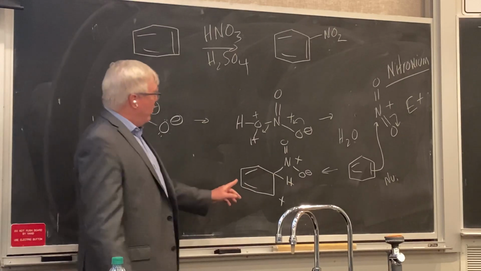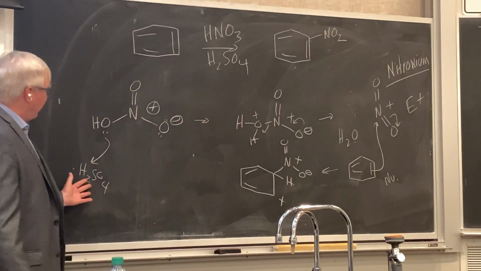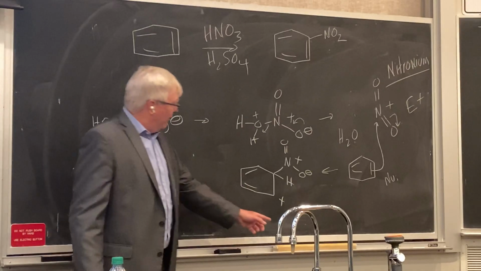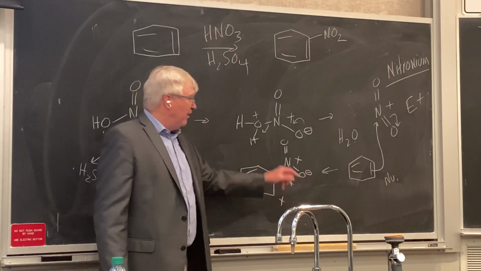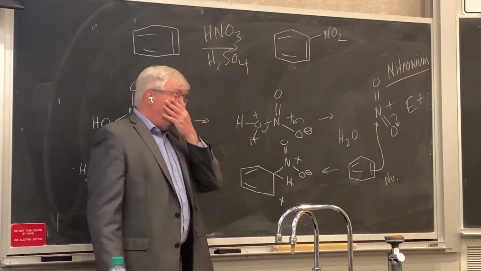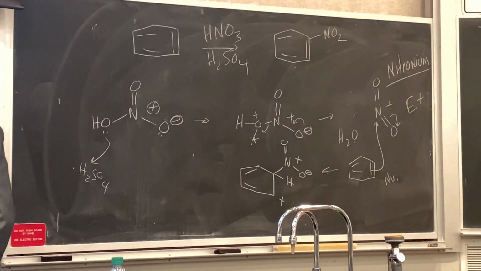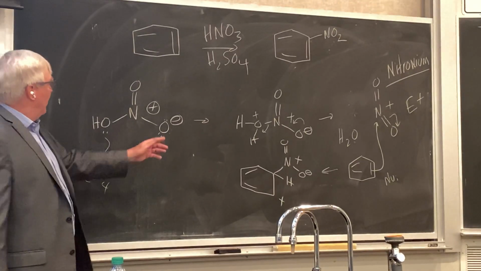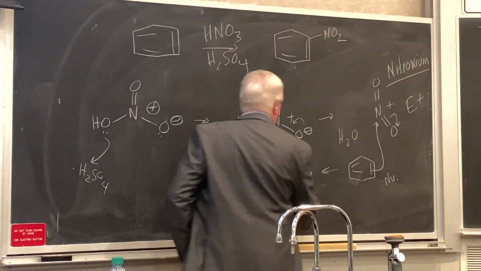Okay, so what we could do here, we've got water, we've got nitrate, we've got sulfate. We could have those nucleophiles attack here, right? Analogous to 351. Well, what are we going to do different now? We're going to take this proton off. What base are we going to use to take that proton off? Well, there's a couple. I just mentioned them, right? Nitrate, sulfate, or water. Which one do you think is better?